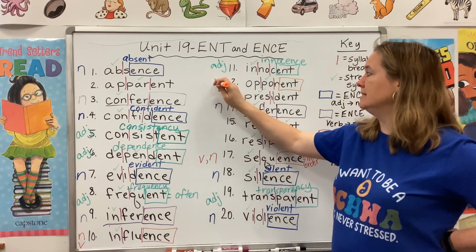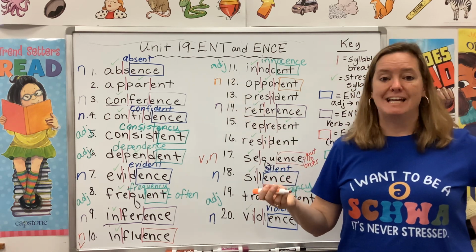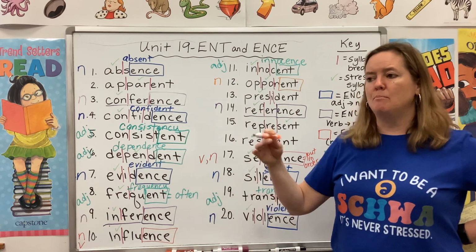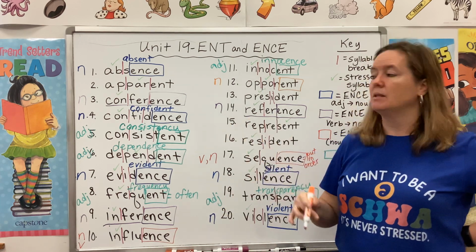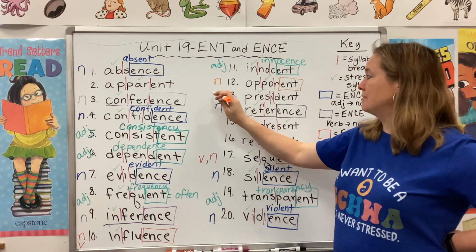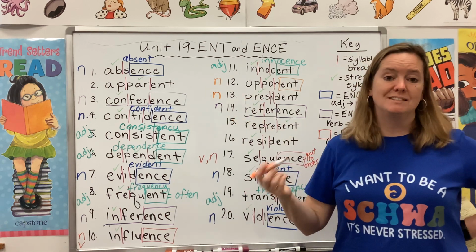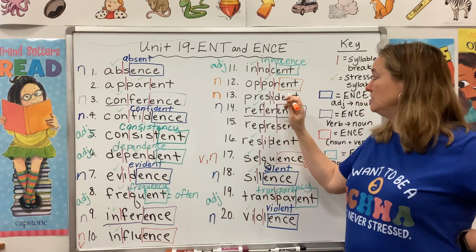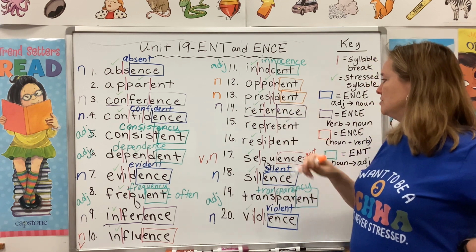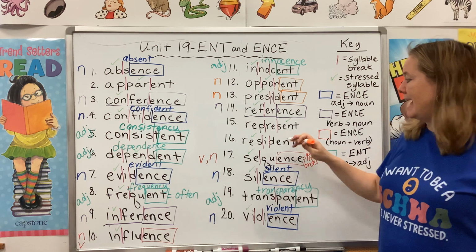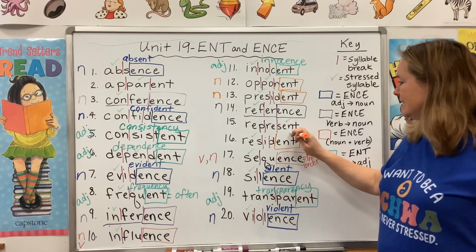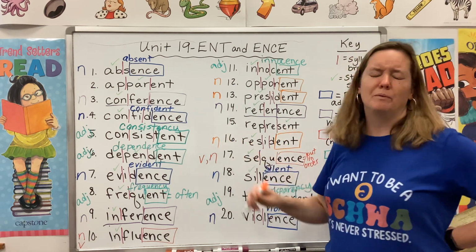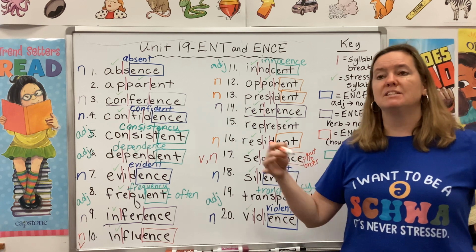So an opponent is a person we play against in a sport, right? My opponent is on the red team. So that's a noun. A president is a person who runs a company, the president of a company or the president of a country. That's also a noun, even though it ends with ENT. And then resident is also a noun. A person who lives in a particular place.